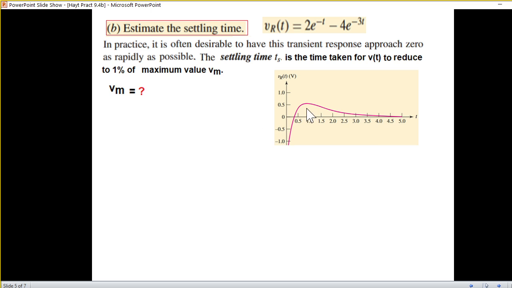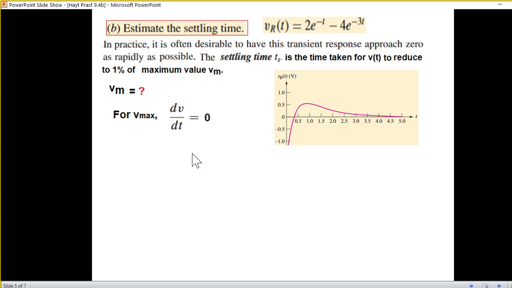So for that, first of all, we have to find the V maximum. And I hope you remember from calculus that to find maximum and minimum, we differentiate the signal and then equate it to 0. So we'll follow that same technique.